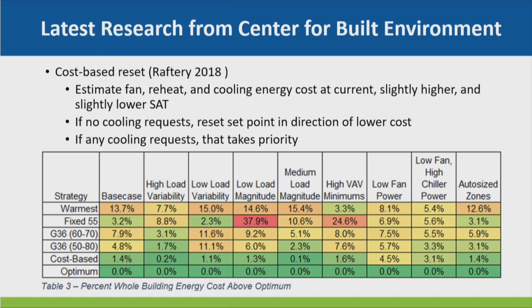So if there aren't any cooling requests, we reset in the direction of lower costs. If there are cooling requests, we give people what they want. We're not going to make them uncomfortable to save energy. We experimented with this both in a real building and in simulation. The simulation results are what's shown here.